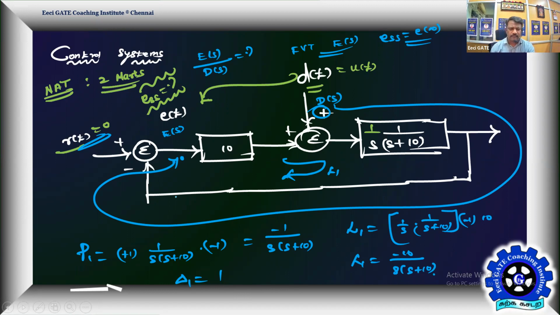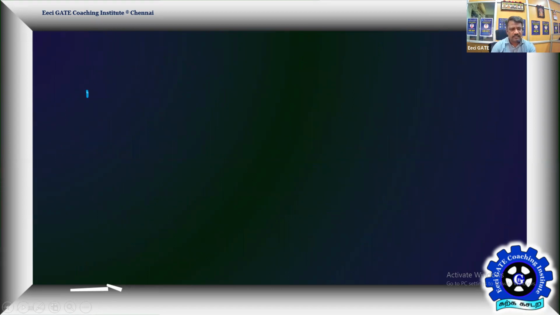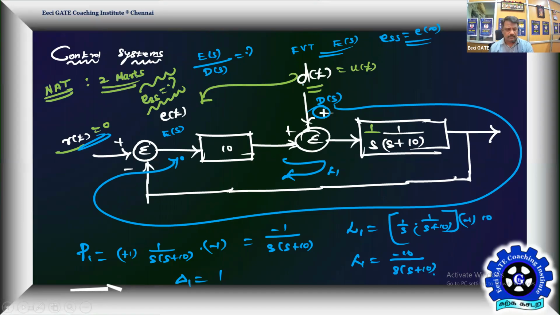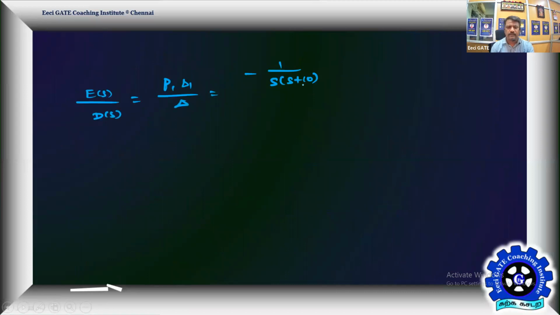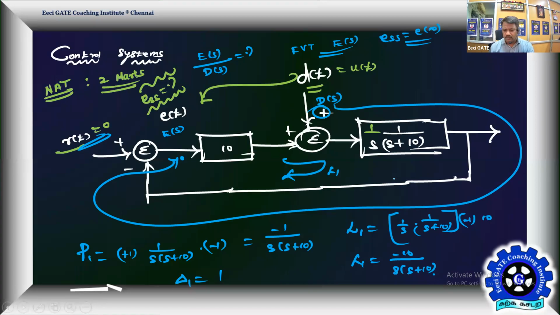Then get your transfer function. What is that? E of S by D of S is equal to what? P1 delta 1 by delta. What is P1? -1 by S into S plus 10. Then delta 1 is 1, into 1 divided by 1 minus L1. So it's going to be 1 plus, what is that loop?